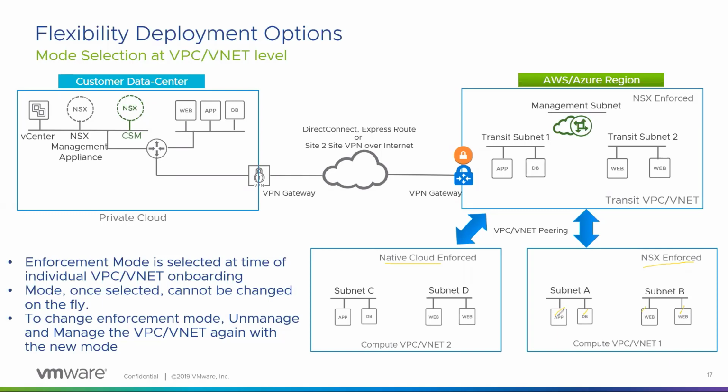When I write rules for instances that exist in this VPC or VNet, or even this VPC or VNet, actually, this is NSX enforced as well, so scratch that. For this VPC or VNet, it doesn't do it at the operating system level. It does it by injecting the rules into the security group or network security group for AWS or Azure, respectively.